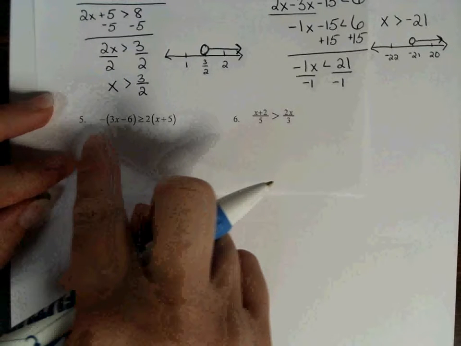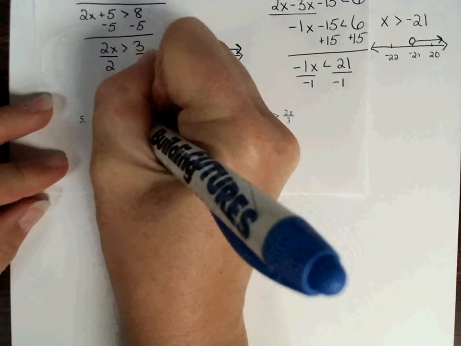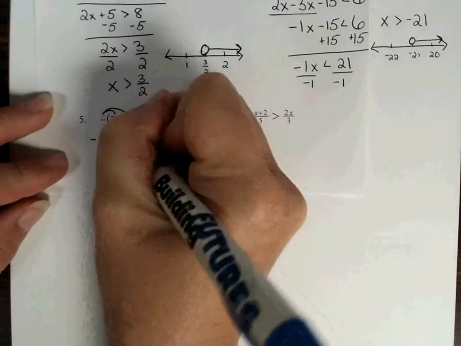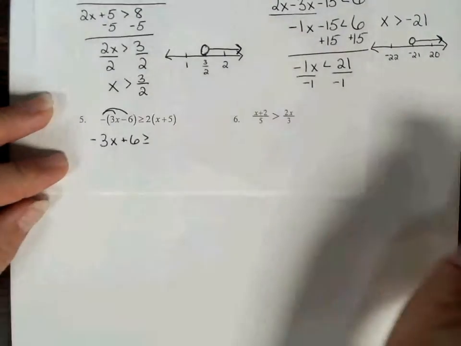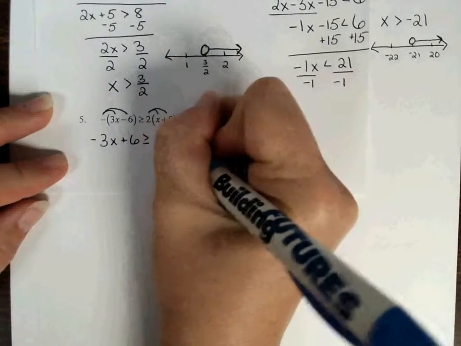Okay, number 5. We have to distribute on both sides. So we're going to have negative 3x plus 6 is greater than or equal to 2x plus 10.